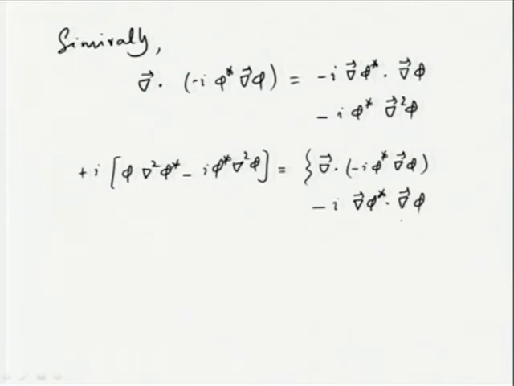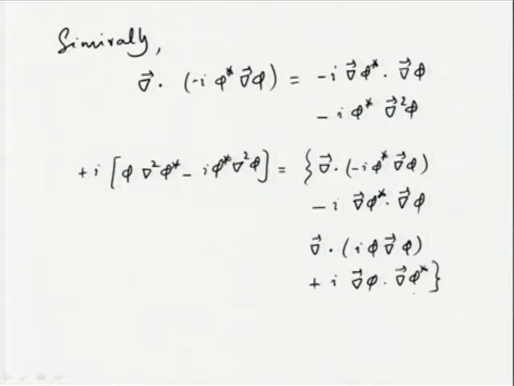This is for the second term, minus i phi star grad²phi, and similarly for the other one we have again del dot i phi del phi plus i del phi dot del phi star.